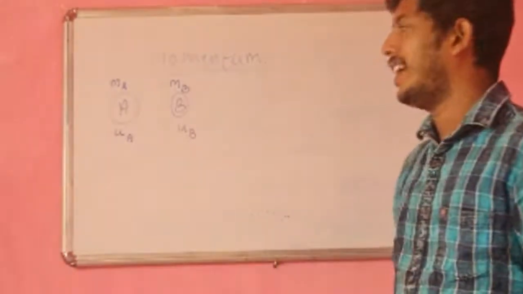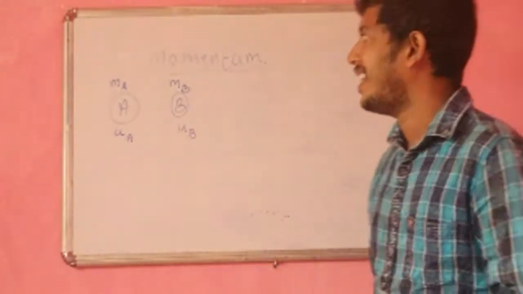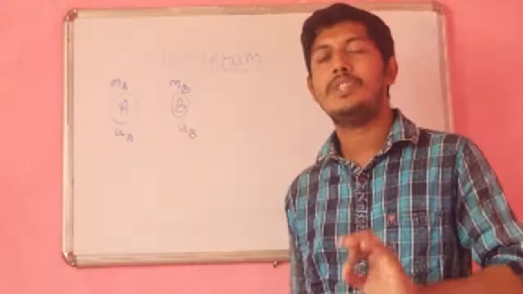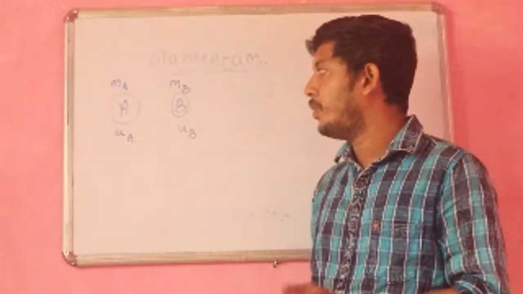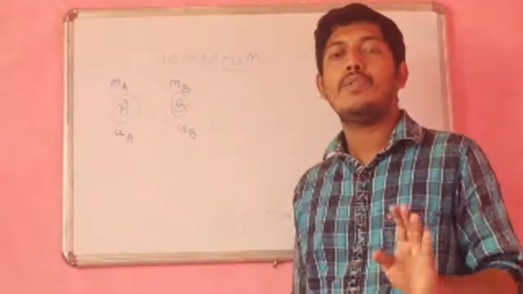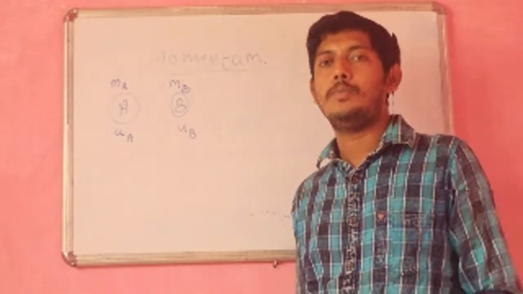So A and B are the two objects, mA and mB are the masses of objects A and B, and uA and uB are the initial velocities of objects A and B.